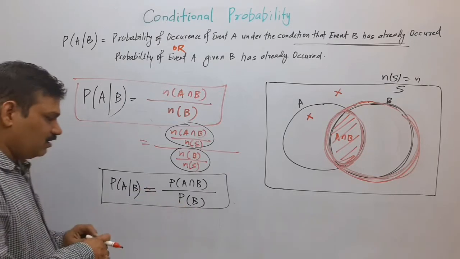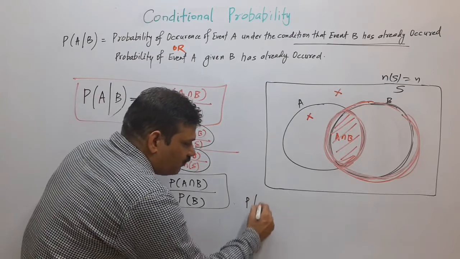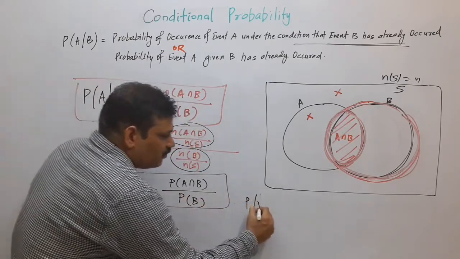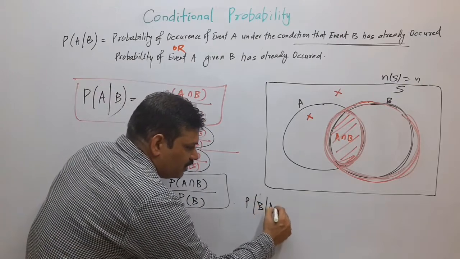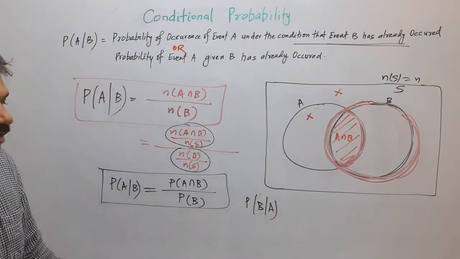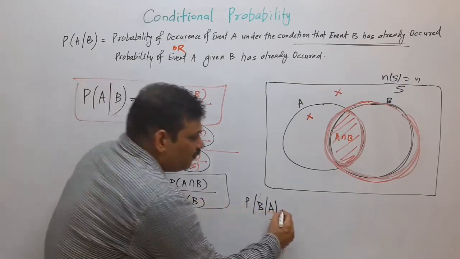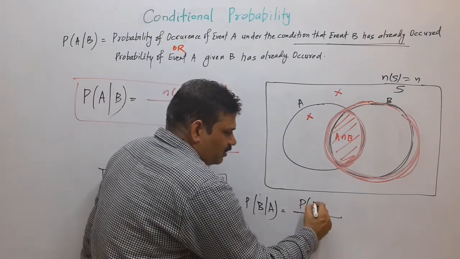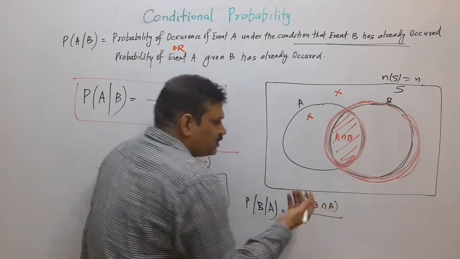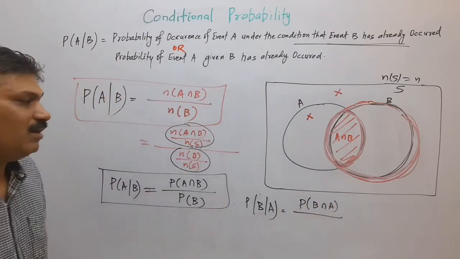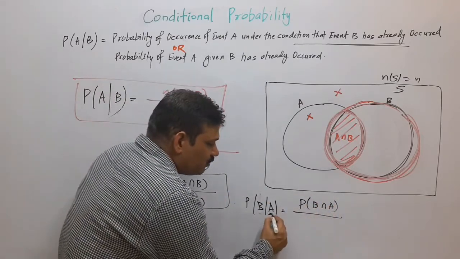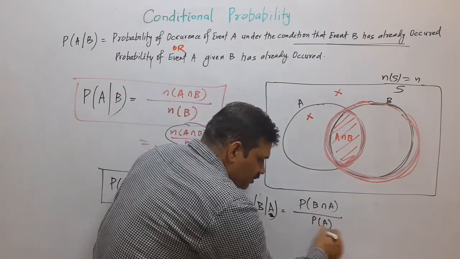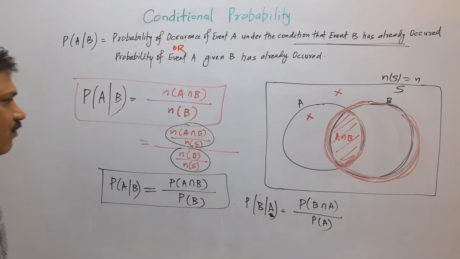Suppose I am interested in the probability of B given that A has already occurred. Then what is the rule? Simply the probability of both these events happening together, that is B intersection A, which can be written as A intersection B, divided by the probability of that event which has already occurred, divided by the probability of A. This is how it works.